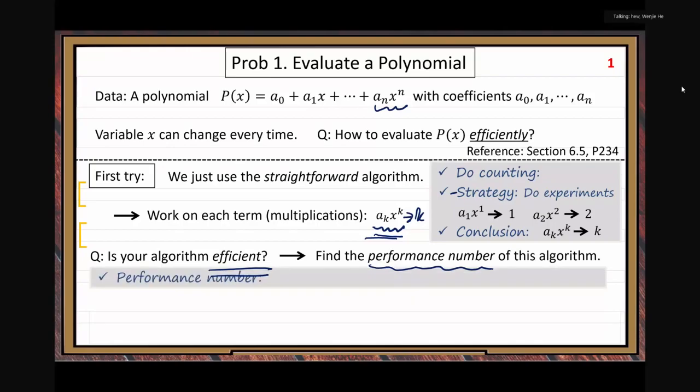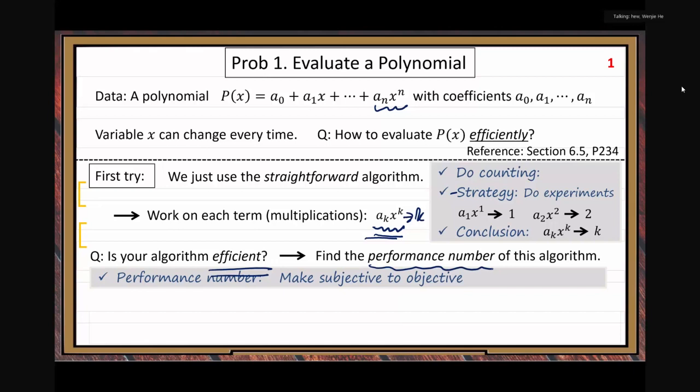Regarding the performance number, there are many different ways to choose. If we only use fast or slow, that's not objective. So we want to use numbers.